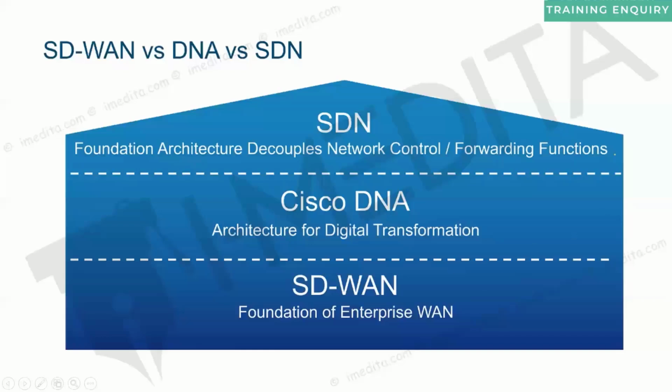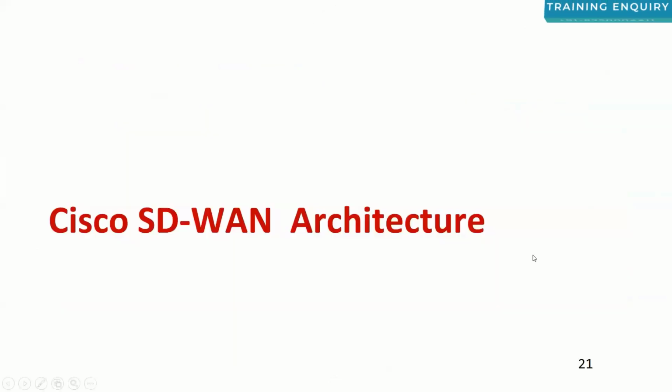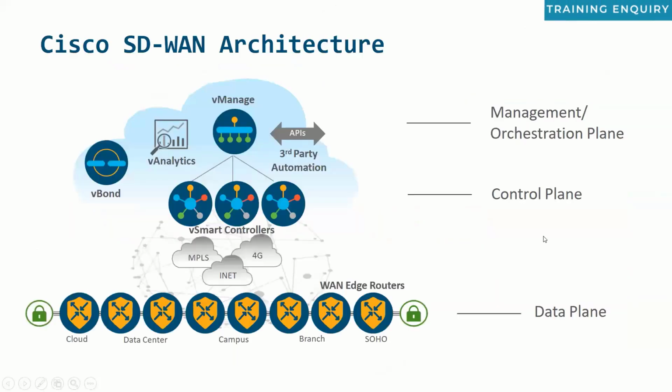As I told you, when it comes to SDN, within Cisco we have multiple options like DNA. But basically, we are going to focus on SD-WAN, the foundation of the Enterprise WAN. Now, about the architecture, I told you in the beginning that multiple components participate in Cisco SD-WAN.